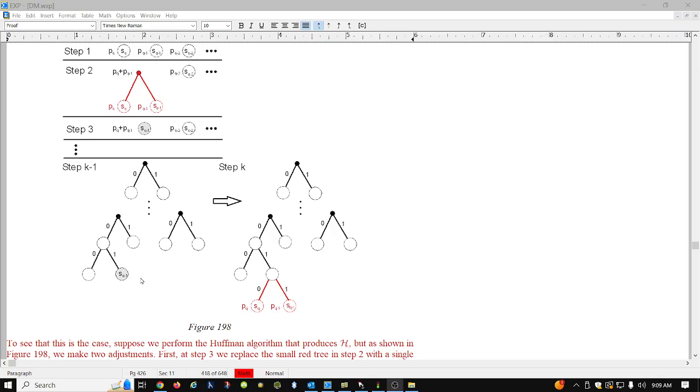Then if I replace this substitute vertex with the original tree that I took out, I will get the final Huffman tree. So this is the tree that defines script H.